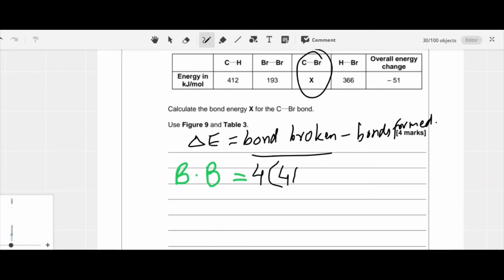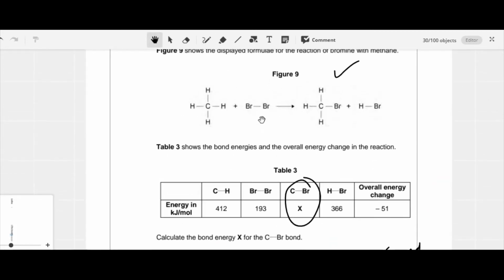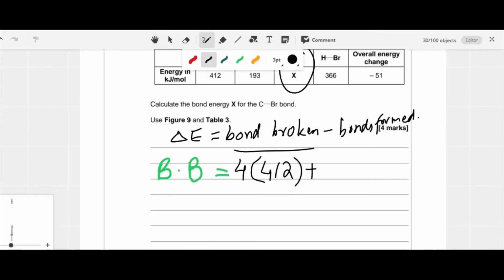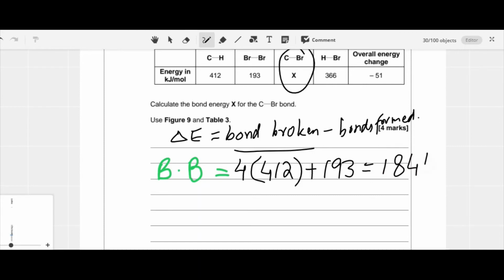So 4 times 412, plus the Br-Br bond. There is only one bond in the equation, with energy 193. When we calculate it, that equals 1841.